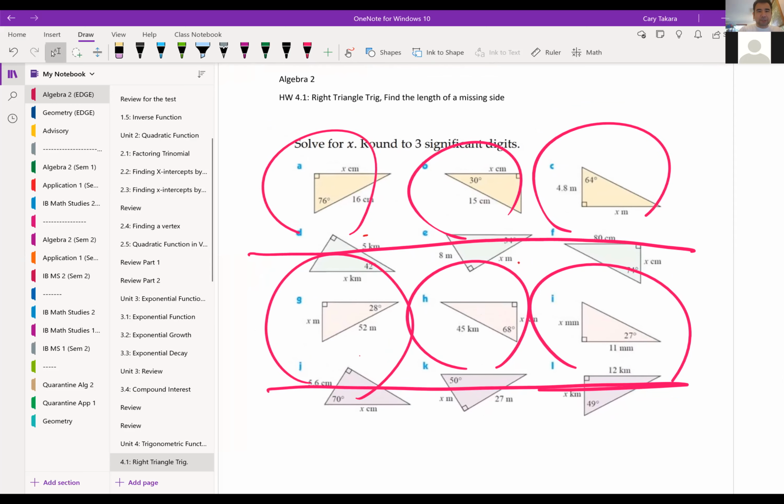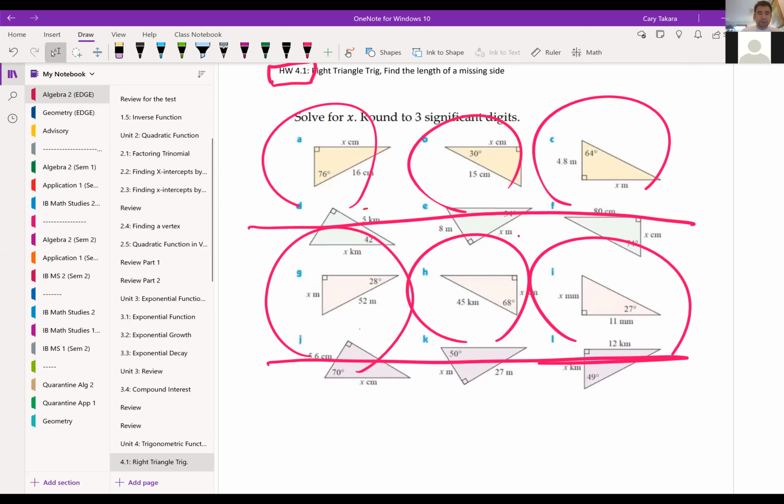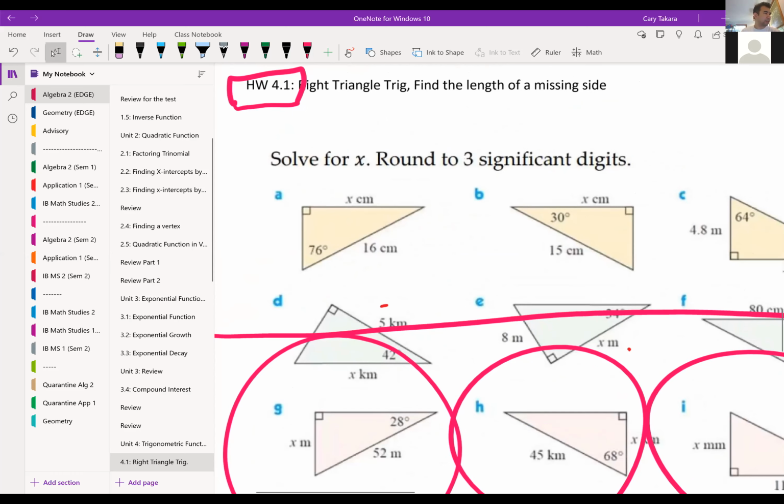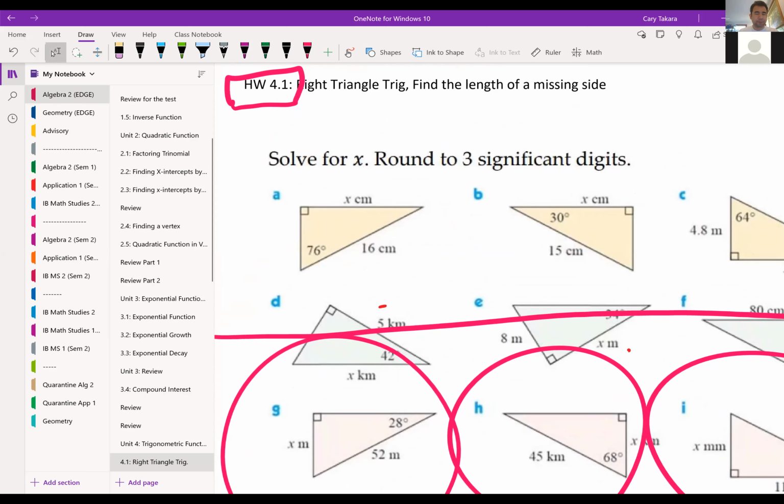In your assignment, please write down HW 4.1 or homework 4.1. Okay, and let's begin. You guys ready? Again, the first step, well, I don't know if you can still see SOHCAHTOA in your notes. Probably you can flip through easily, right?